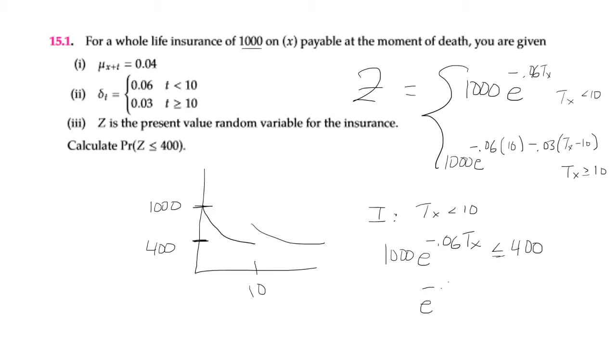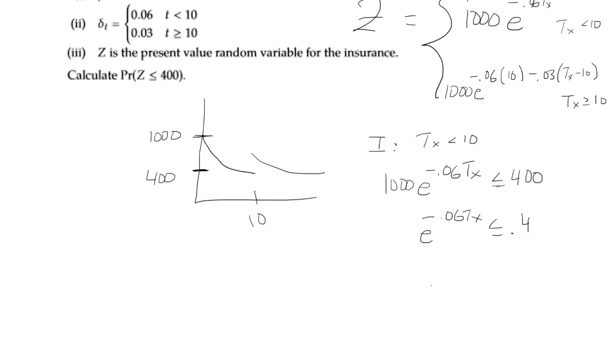Okay. So we divide both sides by 1,000, and take the log of both sides. So we get Tx is greater than or equal to ln of 0.4 divided by negative 0.06.